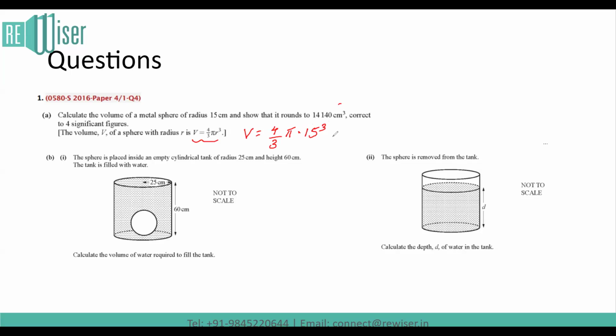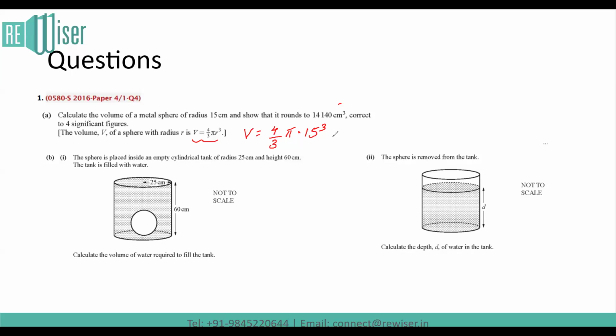Do you have any calculator right now with you? Ruchika, do you have any calculator with you? For IGCSE course, it is allowed.